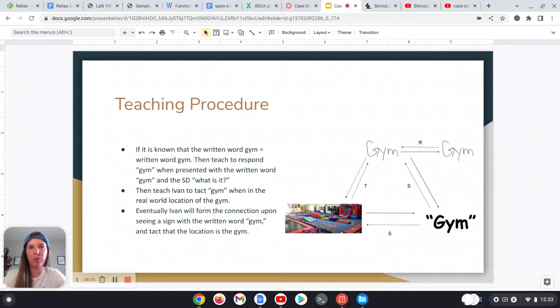This teaching procedure, basically to help with his elopement, we're teaching him those different generalized forms of each location in hopes that that would expand his tact repertoire, like I said in the beginning, to help us maybe with a tact-to-mand transfer in the future to then target that elopement. But if he does not have an extensive tact repertoire, then we cannot do that.